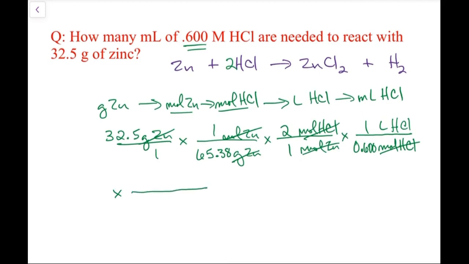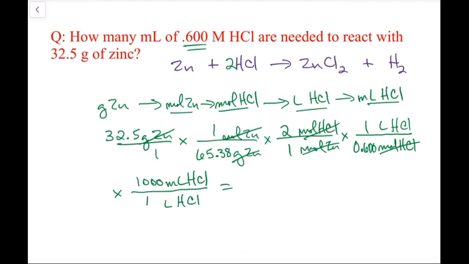All right, and then we have 1 more step. So we're at liters of HCl, and we're trying to get to milliliters, and this should be pretty easy because there are 1,000 milliliters in 1 liter.